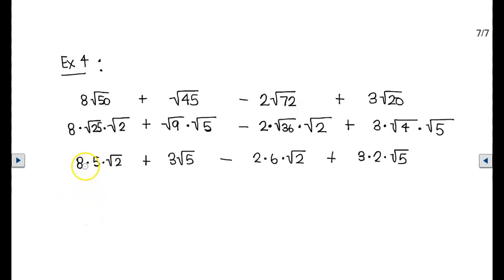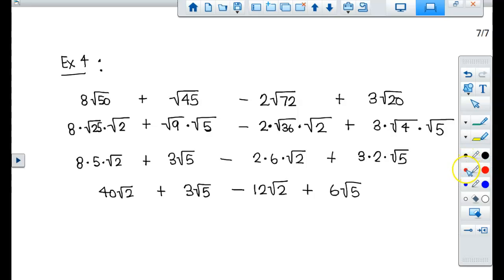All right, almost there. Let's go ahead and finish this up. 8 times 5 gives me 40 square roots of 2 plus 3 square roots of 5 minus 2 times 6, that'll make that 12 square roots of 2 plus 3 times 2 will make that 6 square roots of 5.